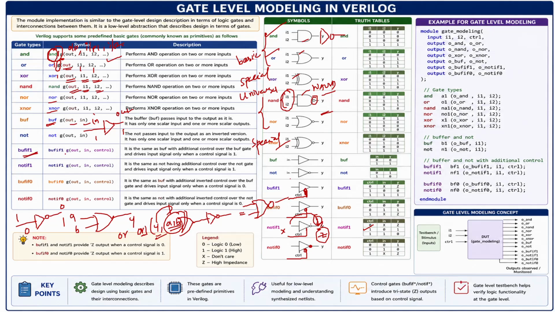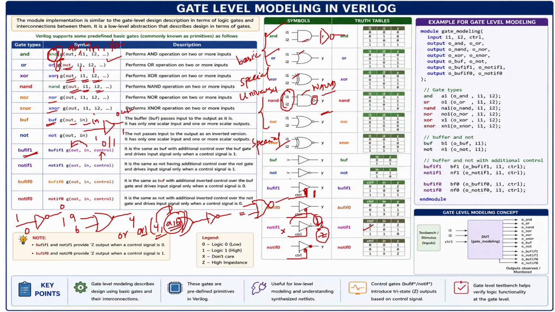Buffer if means it depends upon the control signal. Only when the control signal is active does the input appear at the output side. See, bufif1 means the control signal is high.